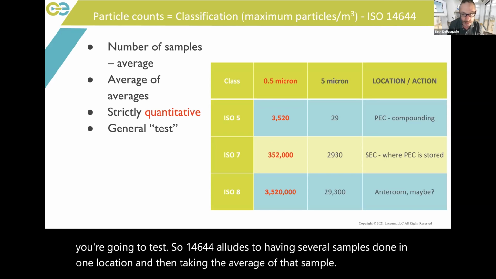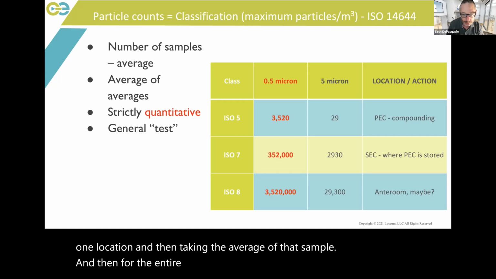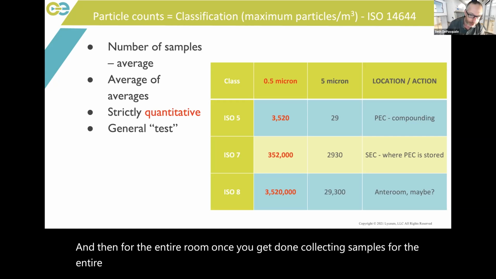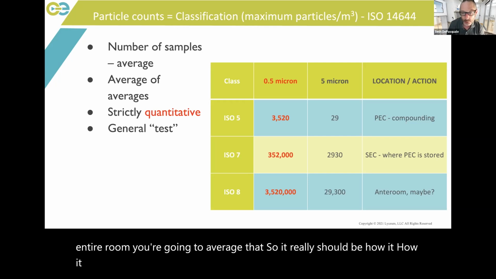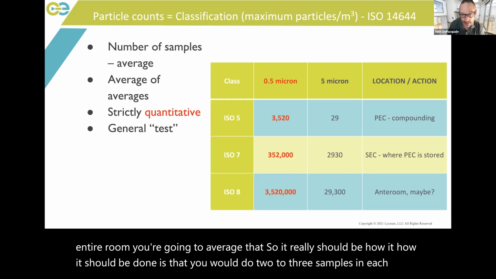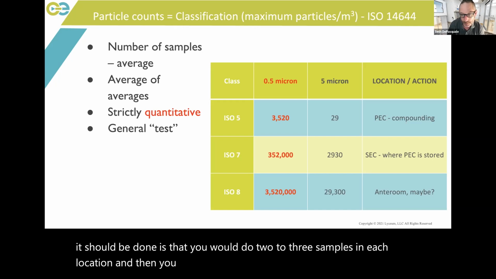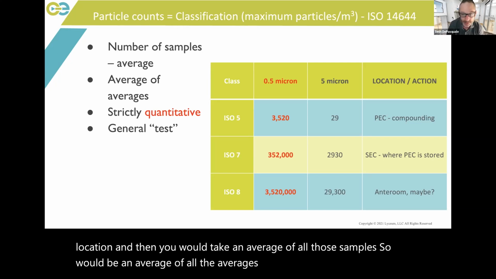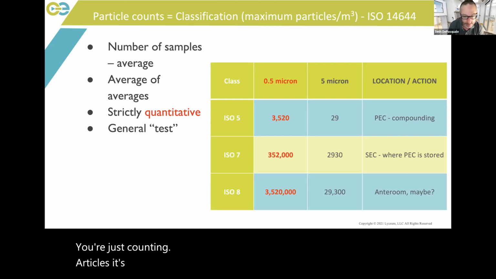And then for the entire room, once you get done collecting samples, you're going to average that. So how it should be done is that you would do 2 to 3 samples in each location, and then you would take an average of all those samples. So it'd be an average of all the averages. And this is strictly quantitative. You're just counting particles. It's a general test.